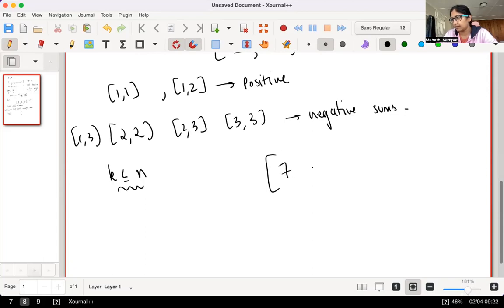So for a 7 size array, you can have this guy to be 7, minus 1, minus 1, minus 1, until k.